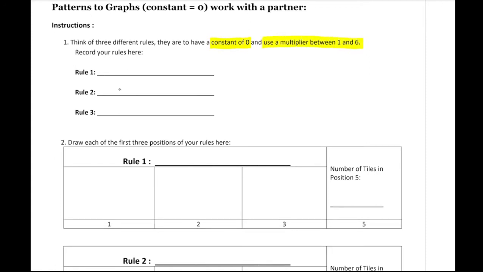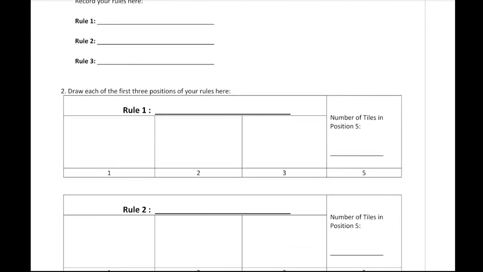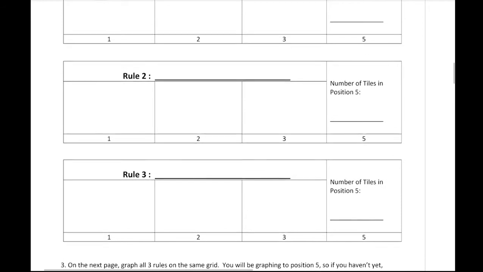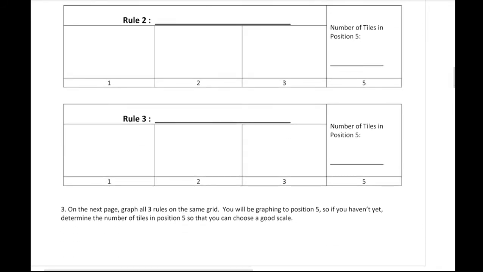So you're going to have 3 different rules that you come up with. You're going to write out your rule, draw the first 3 positions using whatever shapes or tiles you want. Come up with how many tiles you'd have in position number 5. Do that for each of your 3 rules. And then graph the grid. You want to make sure that you're graphing up to position 5, so you do need to figure out that 5th position for all of them.